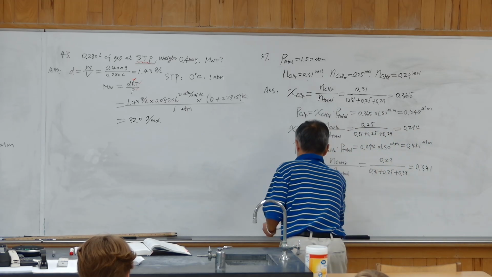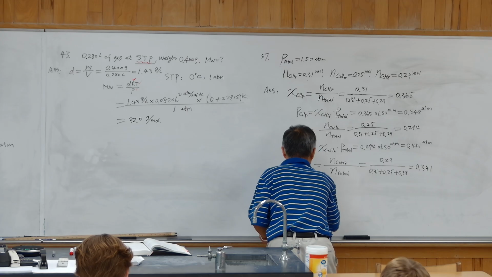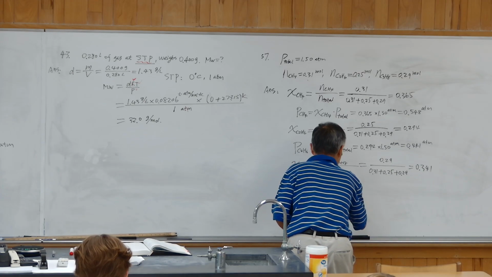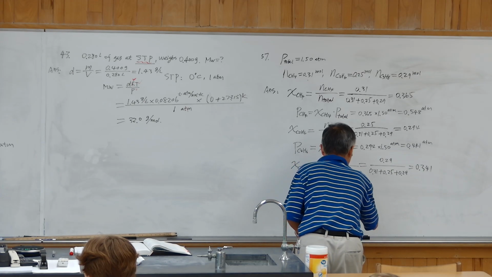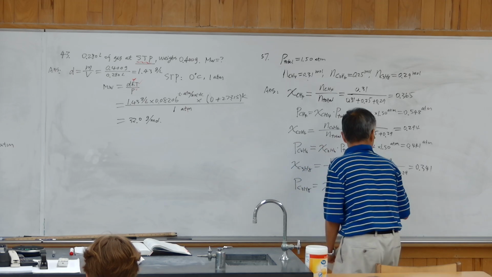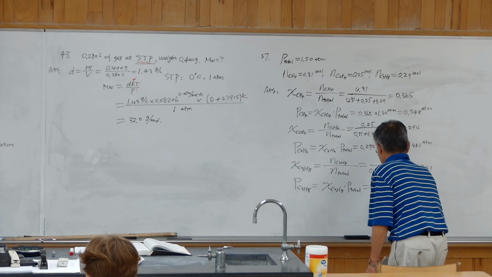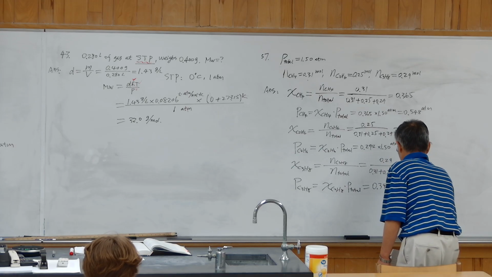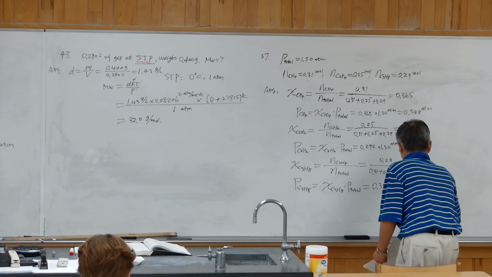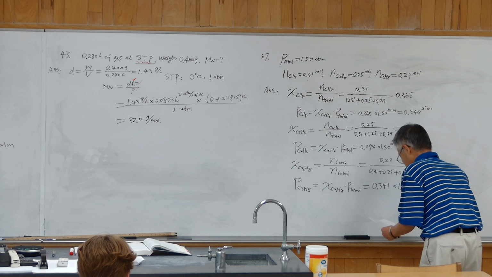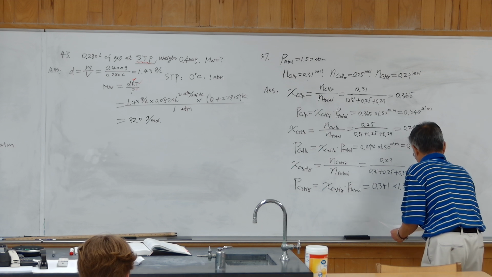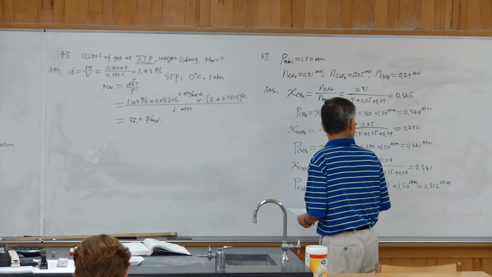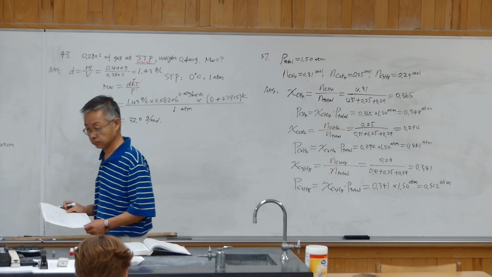Then the partial pressure of C3H8 will be the mole fraction of C3H8 times total pressure. Mole fraction 0.341, total pressure 1.5 atm. Partial pressure of C3H8 will be 0.512 atm.